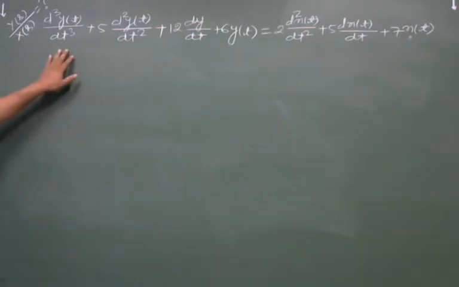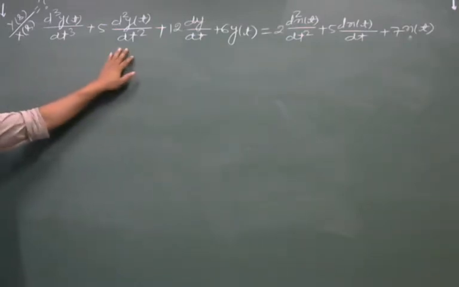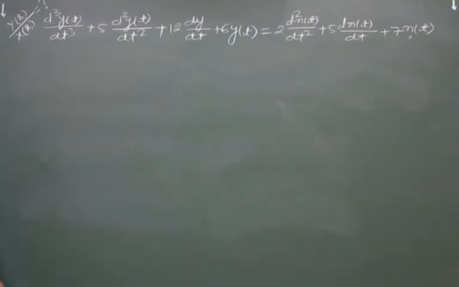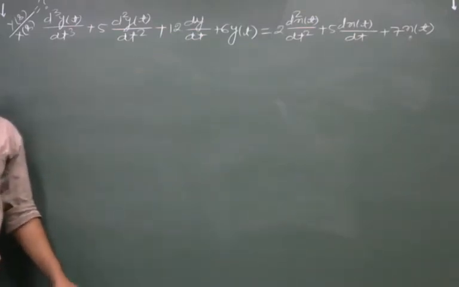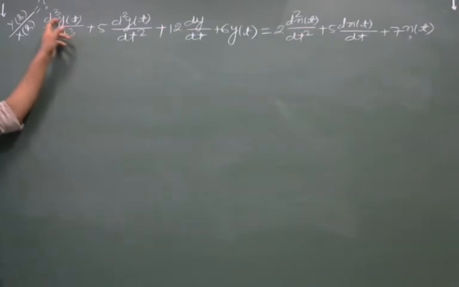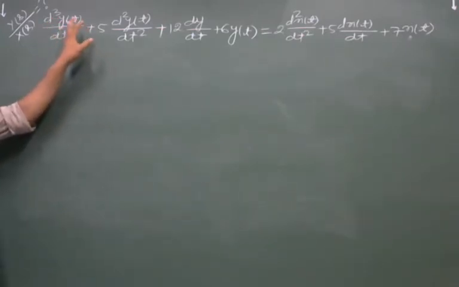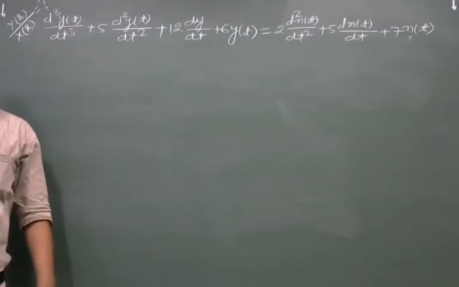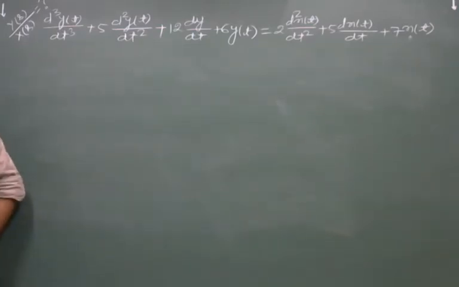If we want to solve this equation by using the conventional method of solving differential equations, this is going to be very complex because of the d power 3 here. Because of the high order of the differential equation, it is very complex to solve.